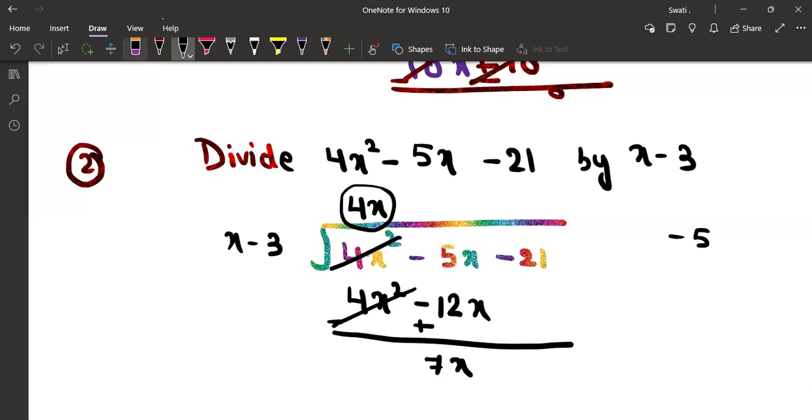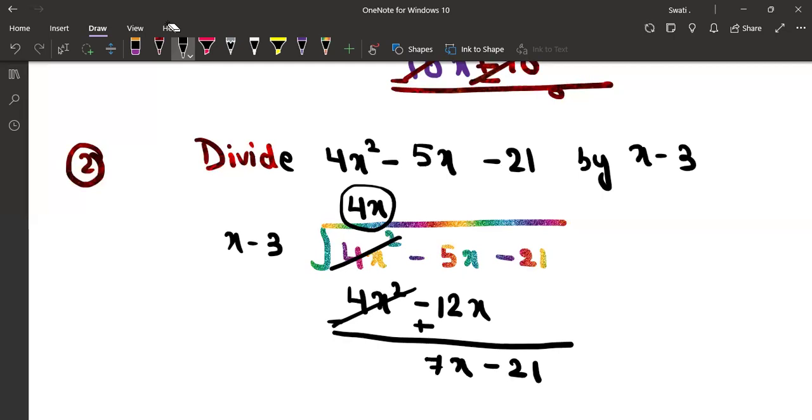And then after that, what do we do? There is one thing remaining that we have to write as it is. What is it? Minus 21. Very good.